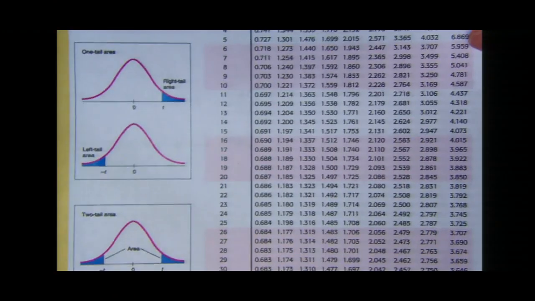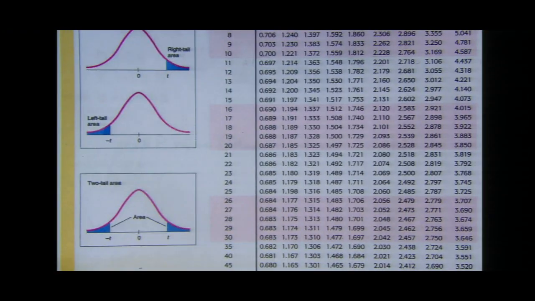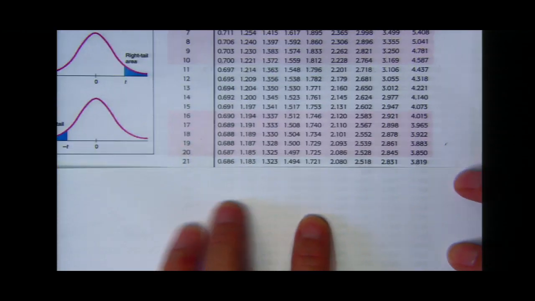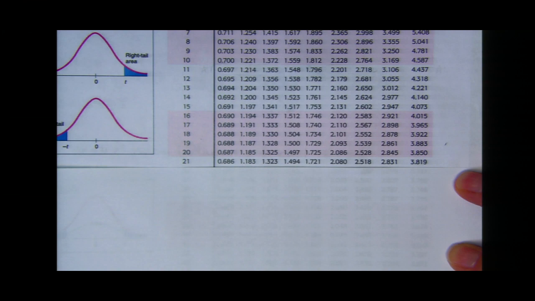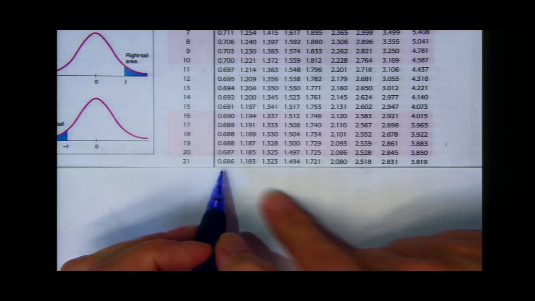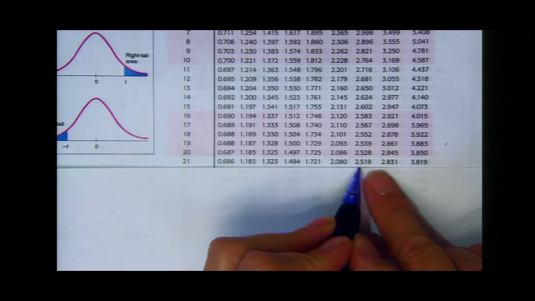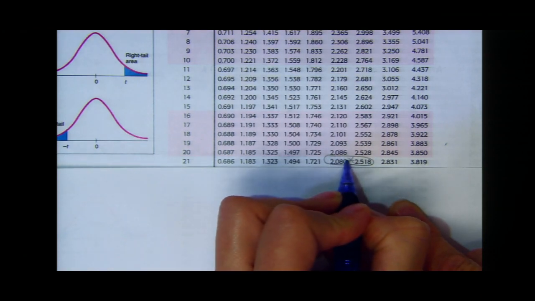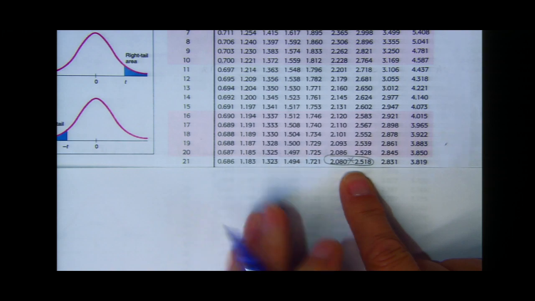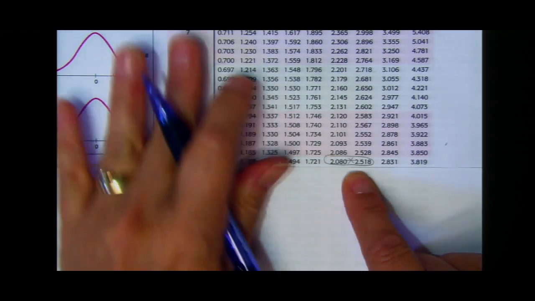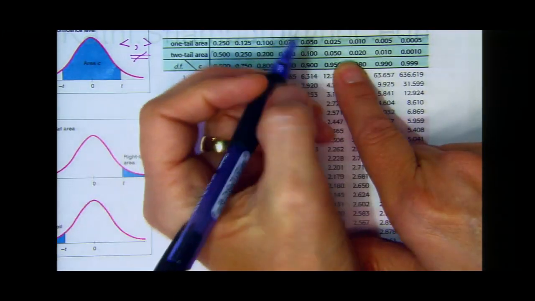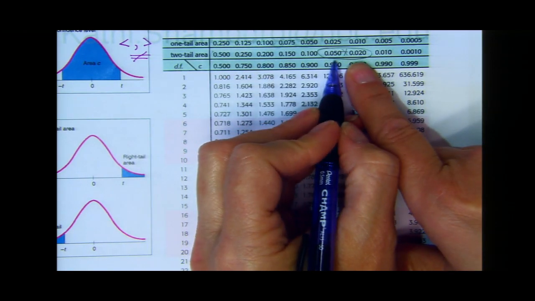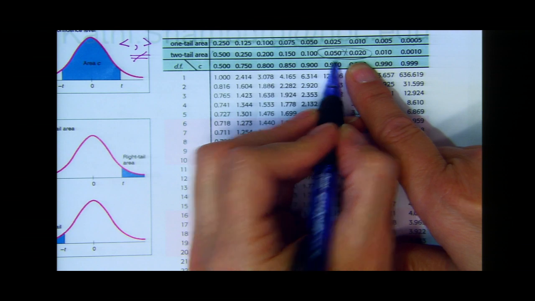All right, so 21, and my test statistic was 2.42. Well, here's 2.0, 2.5, so it's between these two numbers, and this was a two-tail area, so I come up here to the two-tail area, and it tells me my p-value is between 0.05 and 0.02.